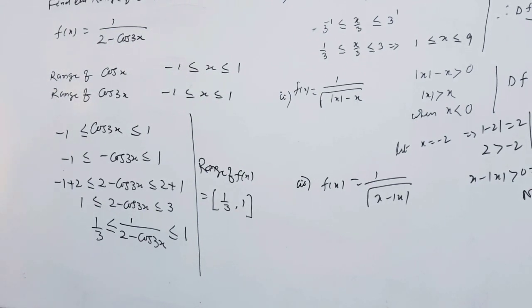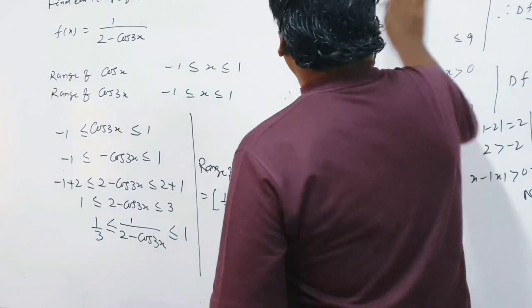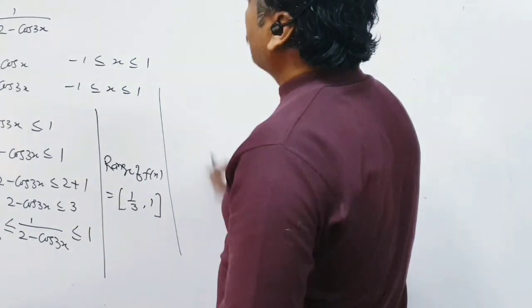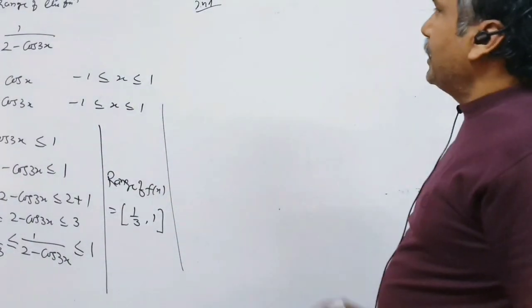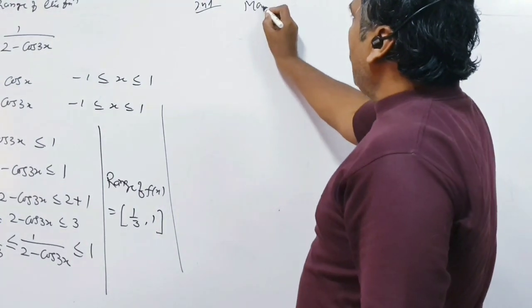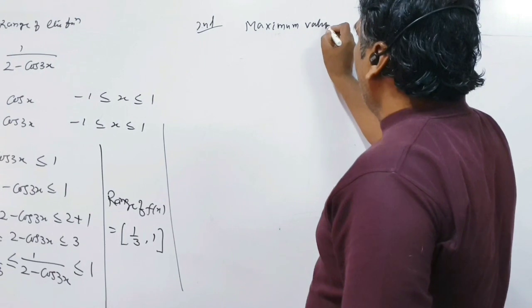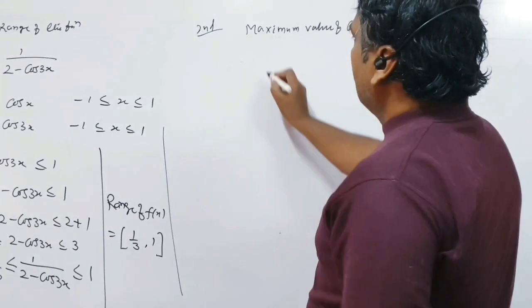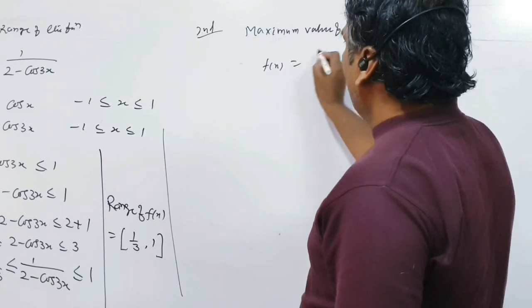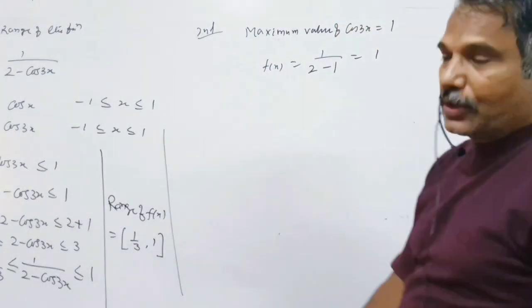Another way: this is one method, and the second method is this. What is the maximum value of cos 3x? The maximum value of cos 3x is 1. Therefore f of x equals 1 by 2 minus 1, which equals 1.